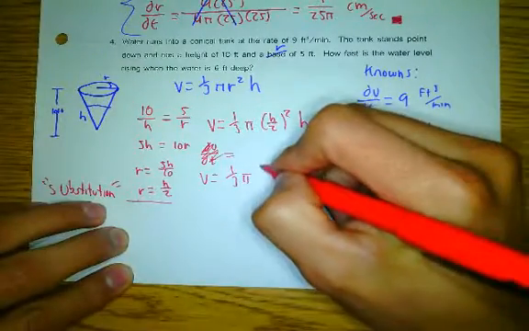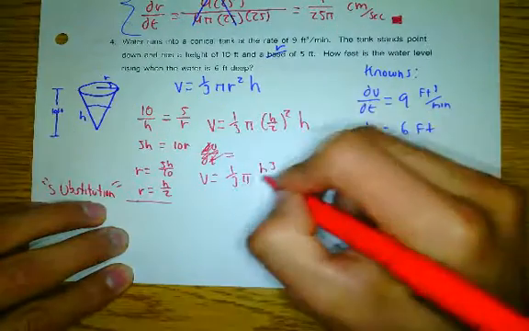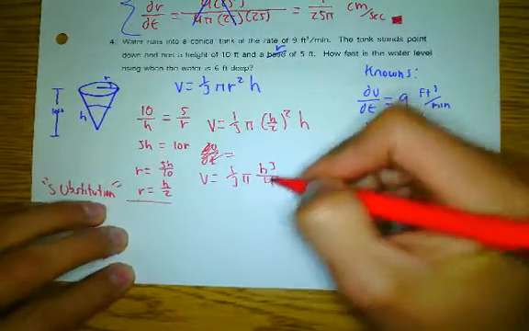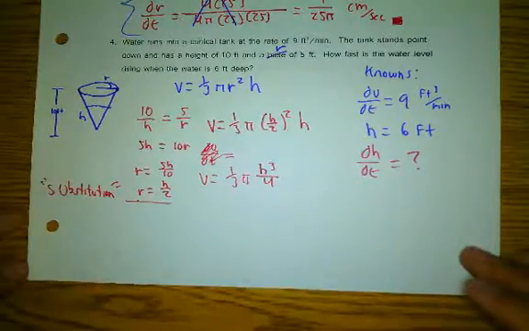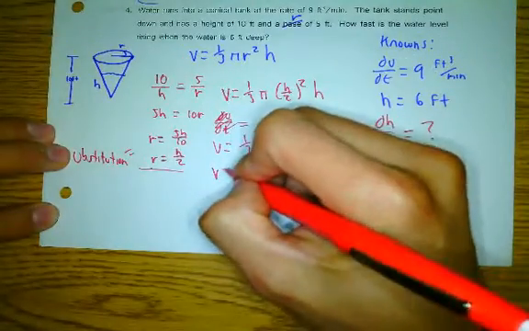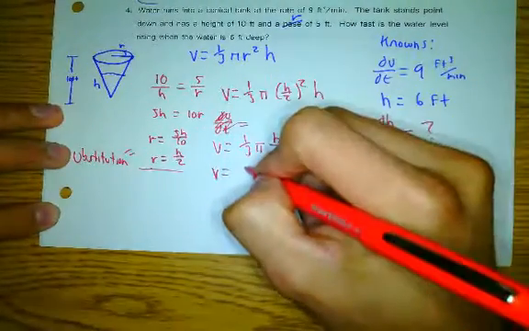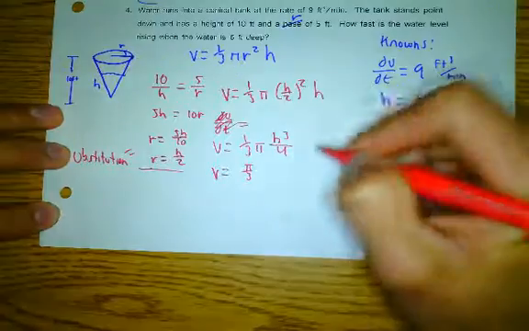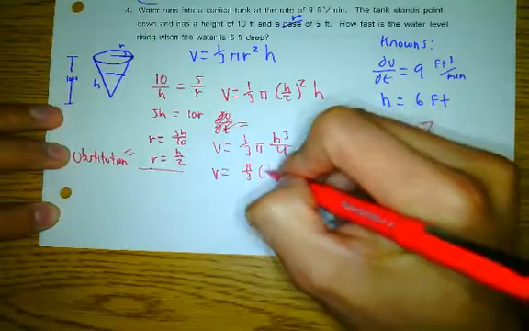You guys with me? All I did was rewrite it. So if you want to rewrite it even further, I could say pi over 3 times 1/4 h to the third. Agreed? Just for those of you that kind of need to see the power.